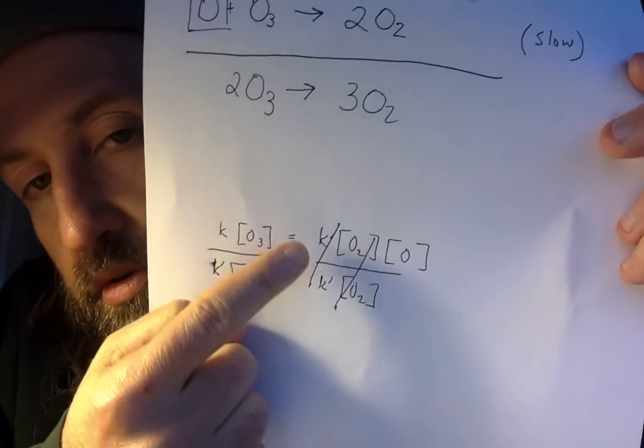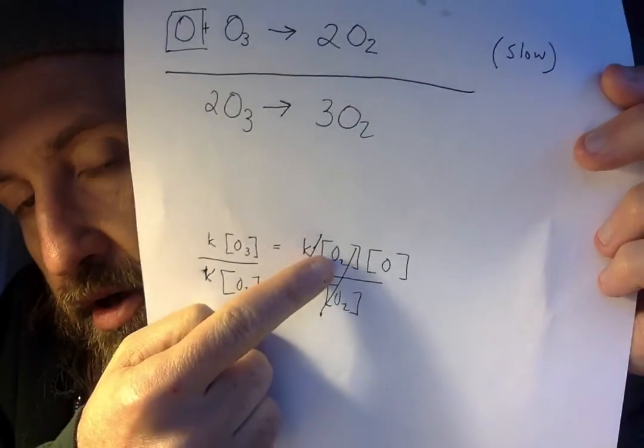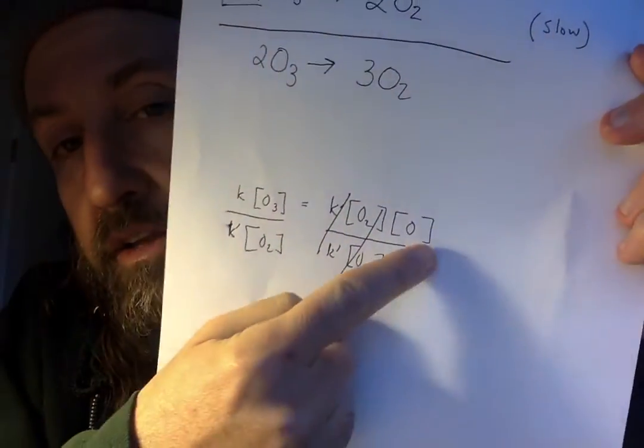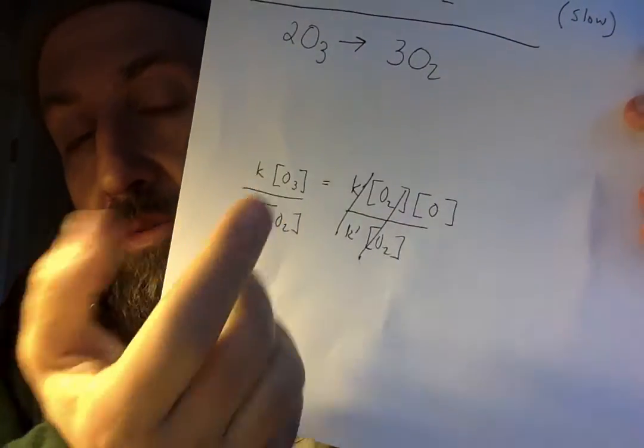and then we're going to also divide by the O2. What we did was divide both sides by k prime and both sides by O2, and that gets O by itself. Essentially, we're not going to worry about the k's that much, because the k's are going to come into the rate law that we write for the overall reaction.